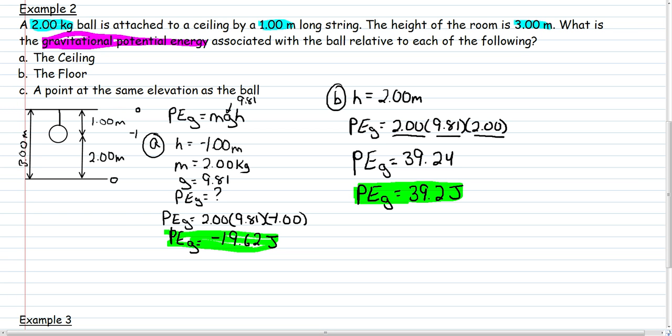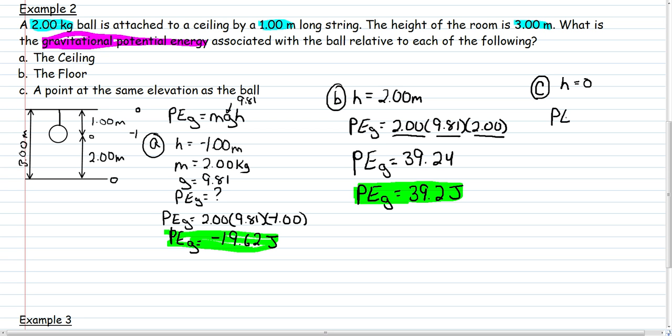And C is at a point that is at the same elevation as the ball. So that means that this point right here is 0, so my height equals 0. Hopefully you can already see that once I plug this 0 into my equation, mgh, then h is 0, and all that other stuff multiplied by 0 is 0.